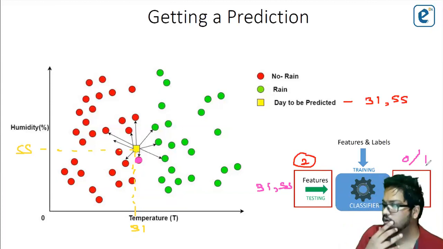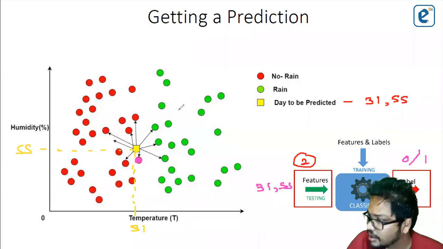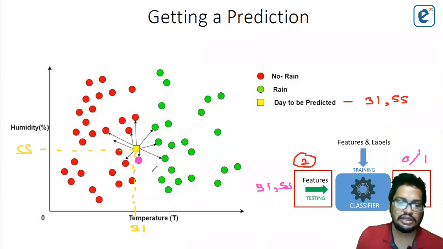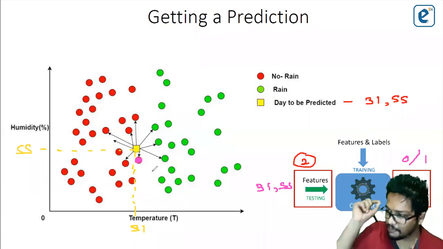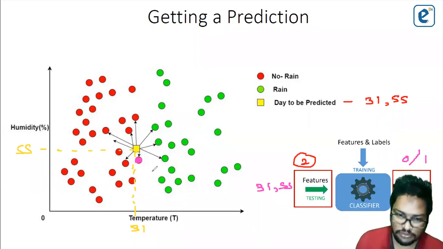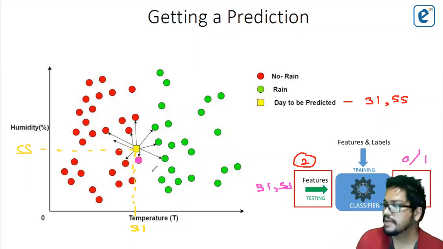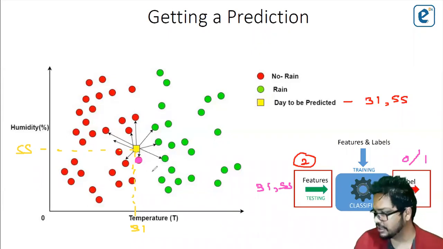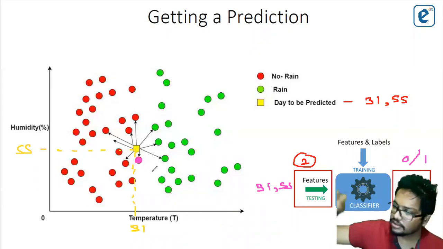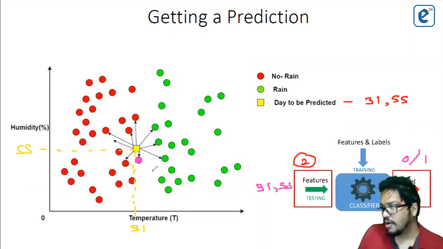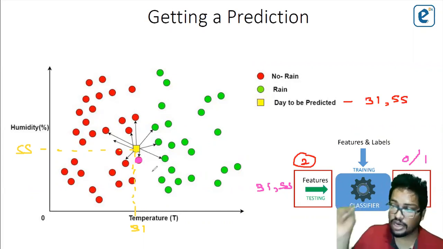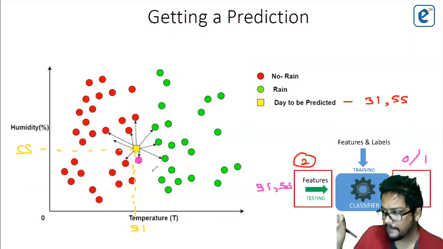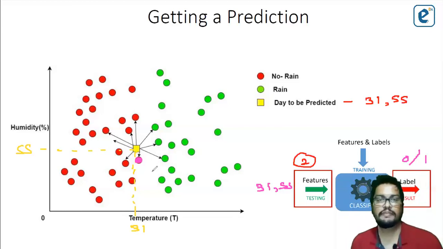The k-nearest neighbor algorithm measures the distances from the testing data point, the yellow point, to all the data points in the training data, and out of them it selects the data point with the minimum distance.